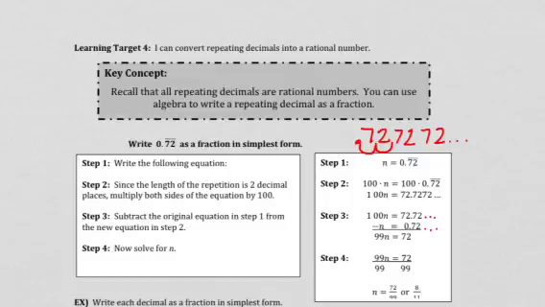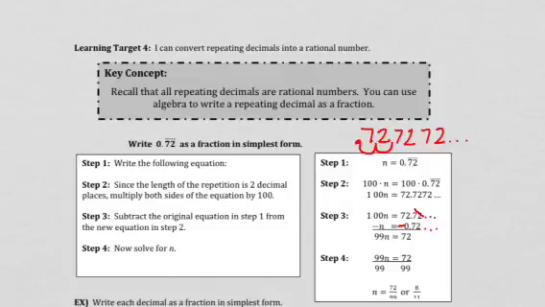That's really important, and that's a mistake on my paper there. So these 0.72 repeating forevers right there, and this 0.72 repeating forever, we are subtracting. So we're subtracting n on the left, and we are subtracting the 0.72 repeating on the right.